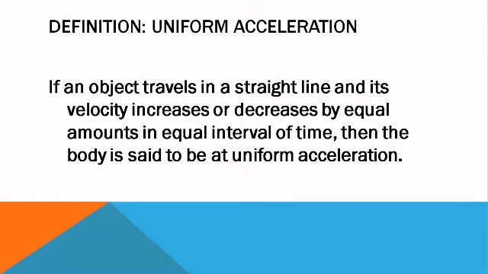So what did we learn today? The first thing we learned today was the uniform acceleration. In uniform acceleration we have seen that if an object travels in a straight line and its velocity increases or decreases by equal amount in equal interval of time, then the body is said to be at uniform acceleration. An example was the free fall of a body. And then we have learned about non-uniform acceleration.